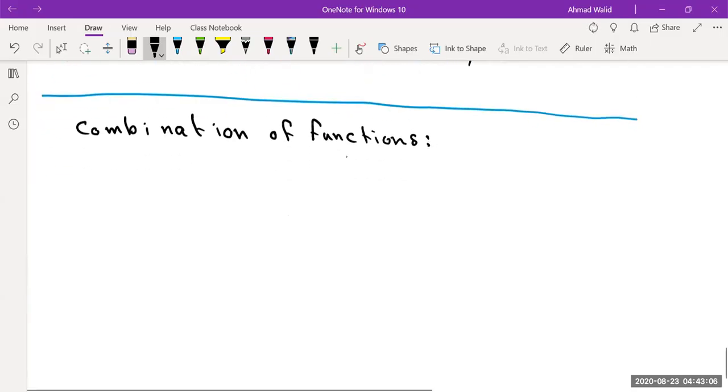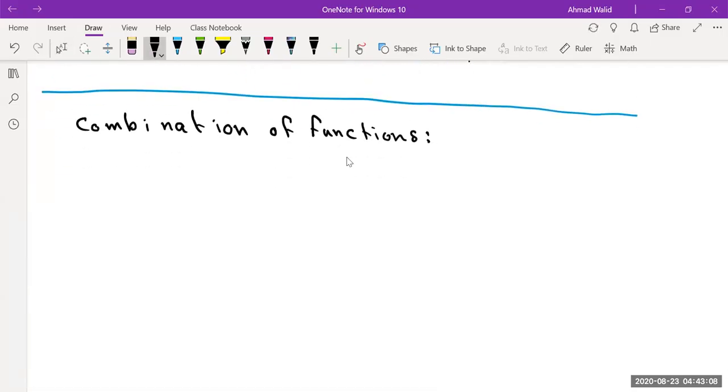If you have two functions or more than two, for example, if I have a function f of x and I have another function g of x, the combination of two functions also can give you a new function.